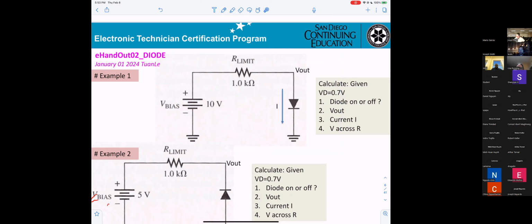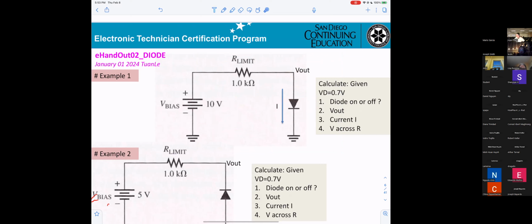What I'm telling you here: when working with a diode, if you don't know whether the diode is on or off, you cannot do anything. In order to know, you suppose there's no diode here, then what voltage is on this side?